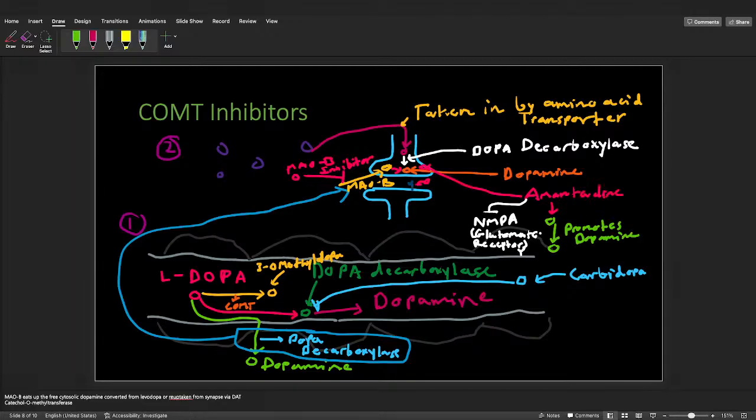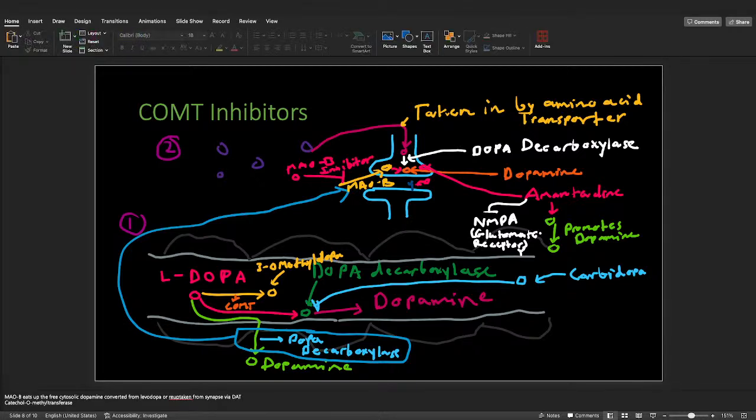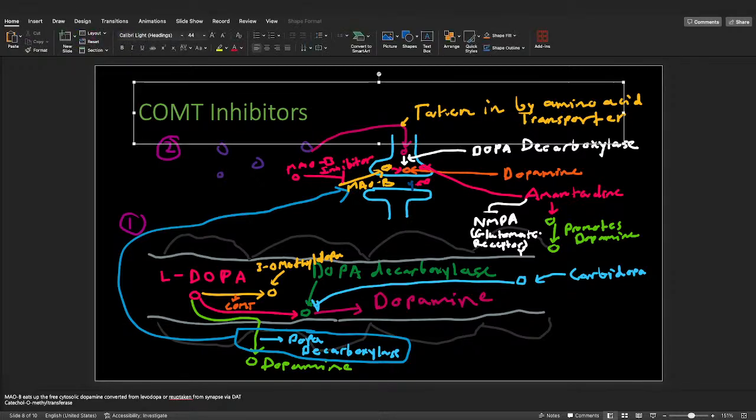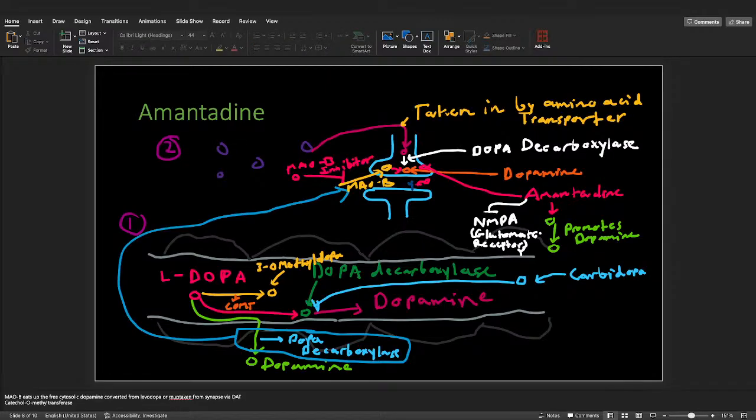And then another medication I want to talk to you about is amantadine. Amantadine is going to be used to do one of two things. Amantadine is going to promote the use of dopamine so that it can start connecting with the other neuron quickly and efficiently.